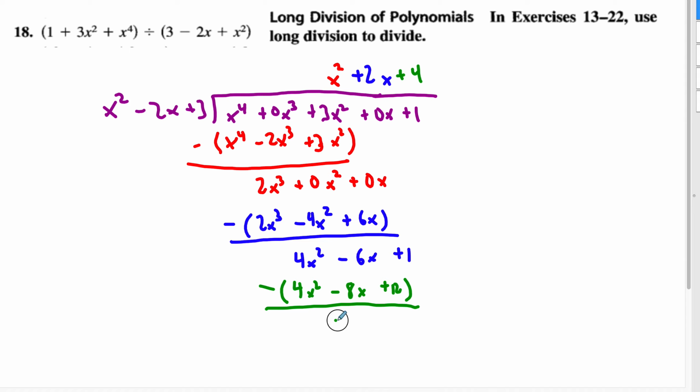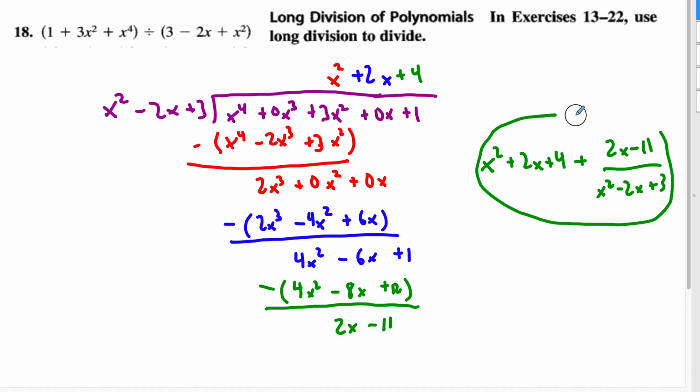That minus a negative that, 2x. 1 minus 12 is negative 11, and that is the remainder. So that means that when we divide these two, the answer is x squared plus 2x plus 4 plus the remainder over the divisor, meaning what we're dividing by. So that would be the final answer, including the remainder.